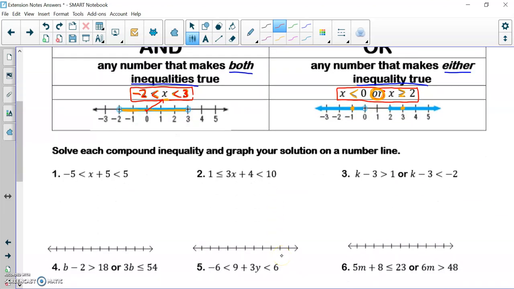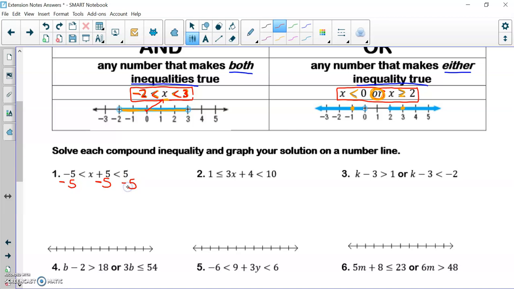Number 1, as you can see, this looks more like an and compound inequality because in my middle, x plus 5 is being greater than -5 but less than 5. So what I'm going to do is solve for x, and x is attached to that plus 5 in the middle. If I'm going to subtract 5 from the middle, I need to subtract 5 from all 3 sides.